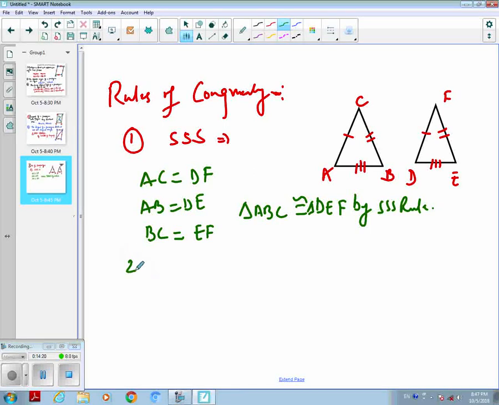Then we come to the second rule. The second rule is the SAS rule of congruency. By SAS, what do we mean?